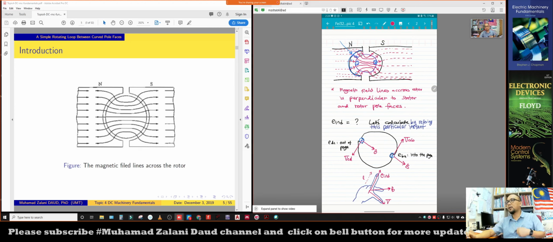Okay, so that is the behavior of the flux of this rotor inside the curved pole faces.